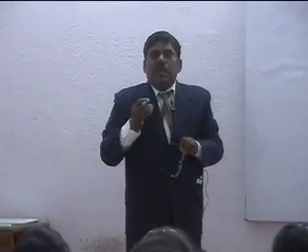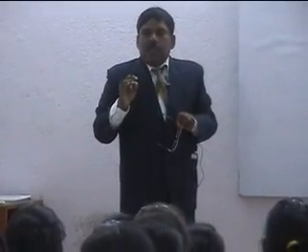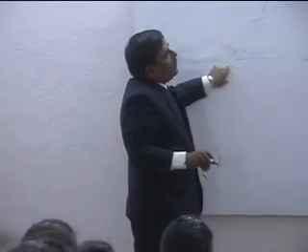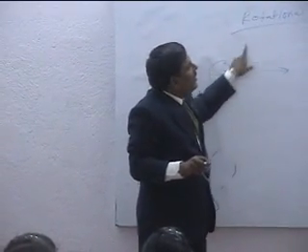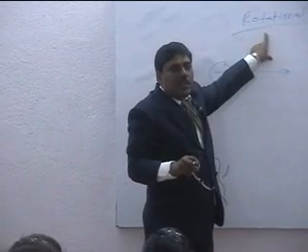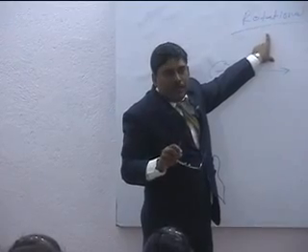For example, we have done i, j, k, 3-dimensional motion. Here also we will consider the same comparison for rotational motion. That is, the same topic, kinematics of rotational motion, will also exist here.